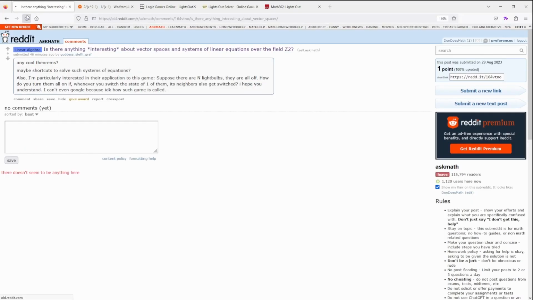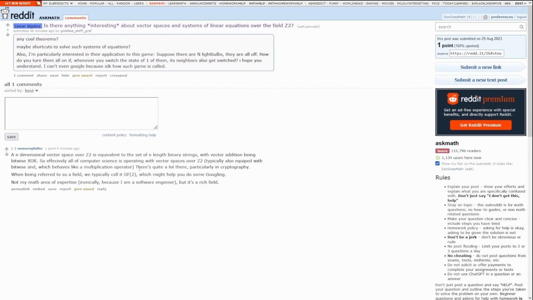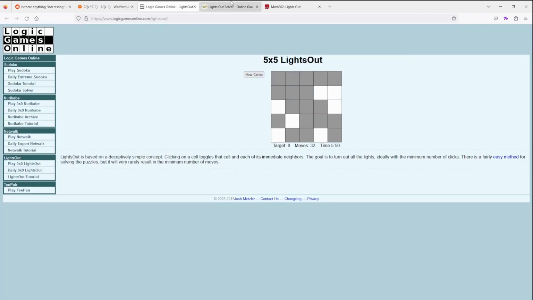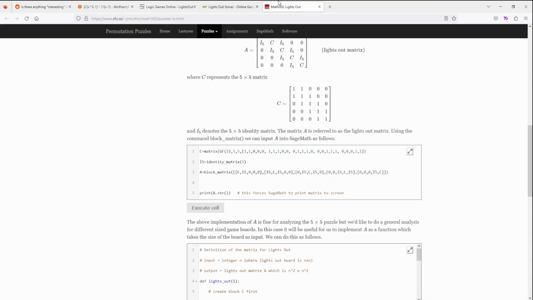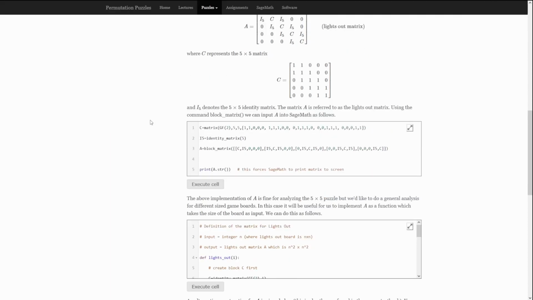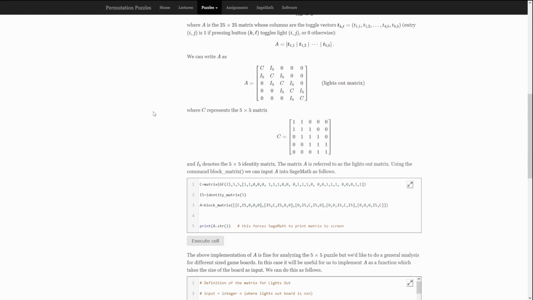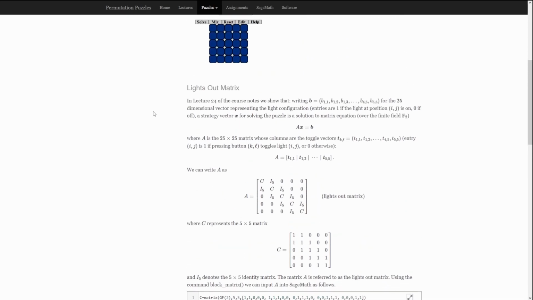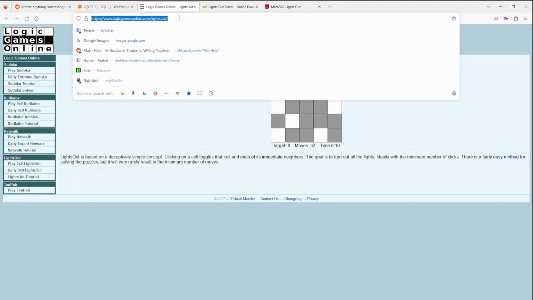But the linear algebra is still pretty applicable. Actually, no. Well, this person doesn't say the Lights Out game. We can link them to both the game and to this explanation, though. It seems more like solved as a computer science problem. But we can at least link them to this, and they can do the rest.